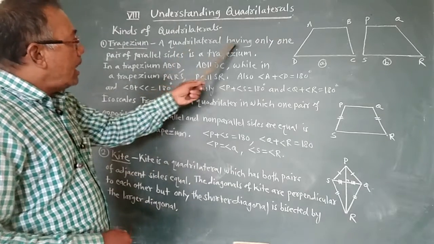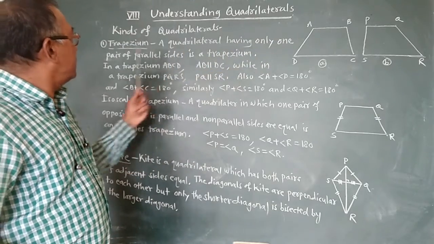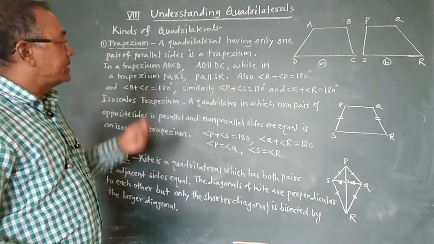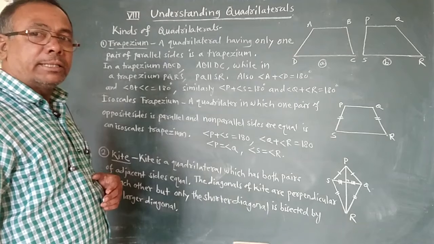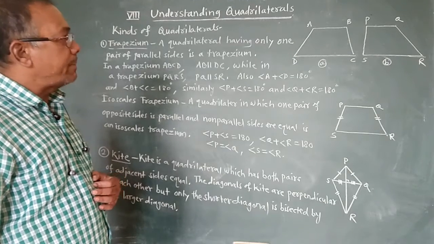A quadrilateral having only one pair of parallel sides is called a trapezium.